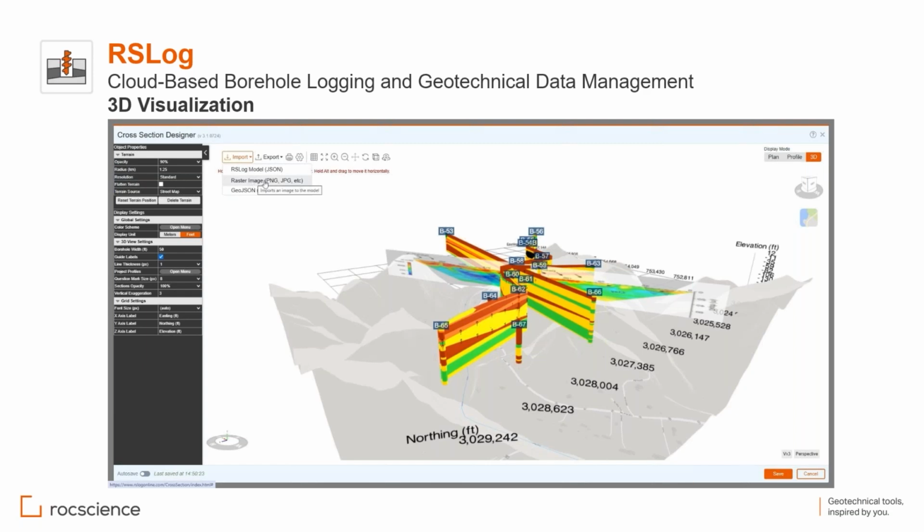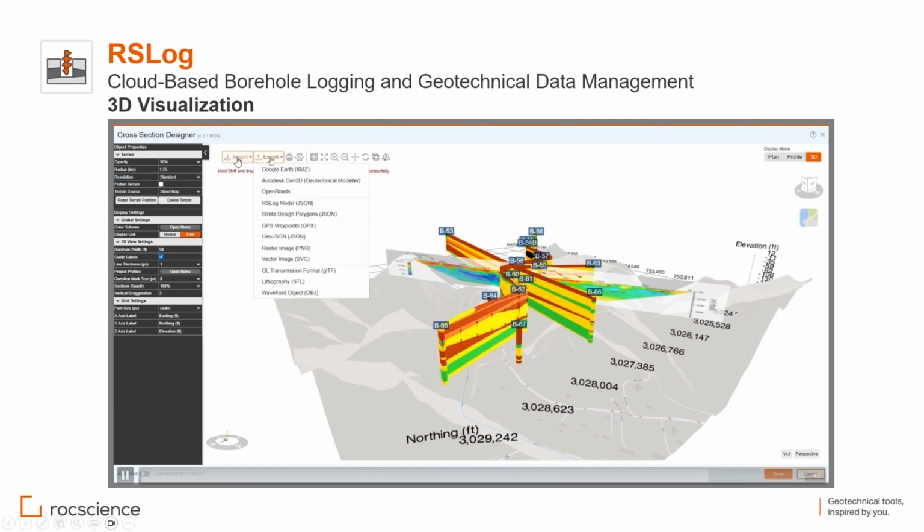And then here, very easy, you can just click on the import button and import it as a PNG. When it's imported to your 3D model, we have tools to scale it, rotate it, and move it around so that you can put it at the right location.